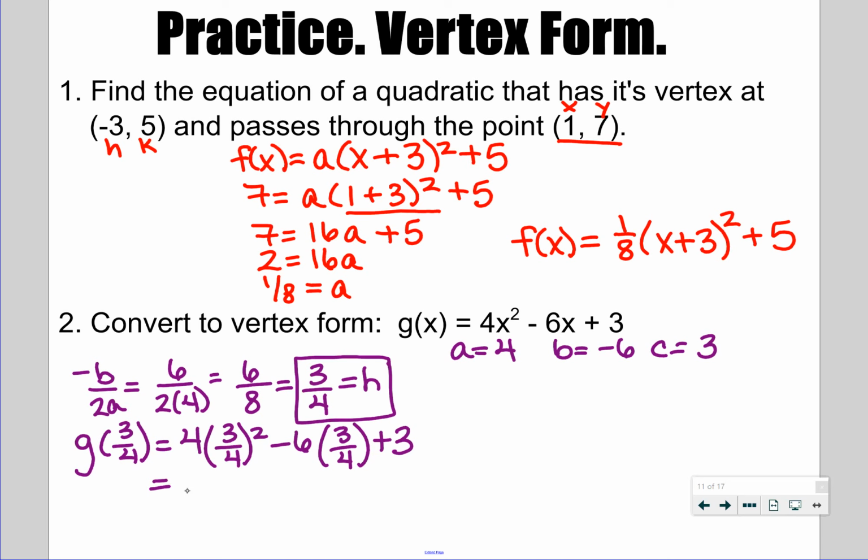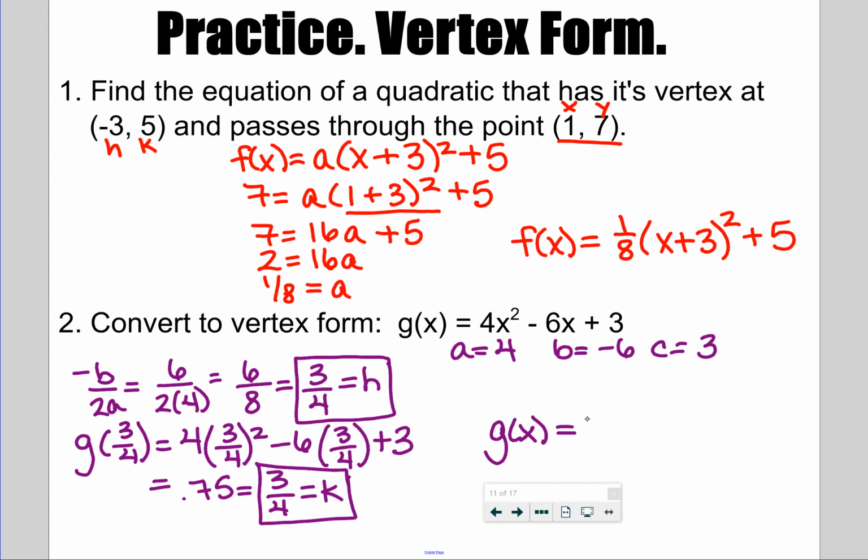And I get 0.75 in my calculator, or again, you can say 3/4, and that is your k value. So now our function, instead of standard form, in vertex form is a, which we said was 4, times x minus my h, 3/4, squared plus my k, 3/4. And that's your final answer.